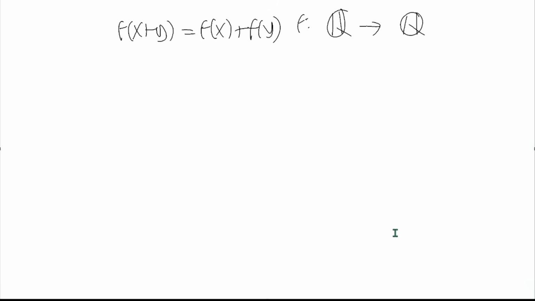Well, let's go ahead and see how each of the steps I outlined above play out. So the first step is to find as many solutions as we can. And for one, if the f was not there at all, then we'd have x plus y equals x plus y. So basically the f which doesn't do anything is a solution.